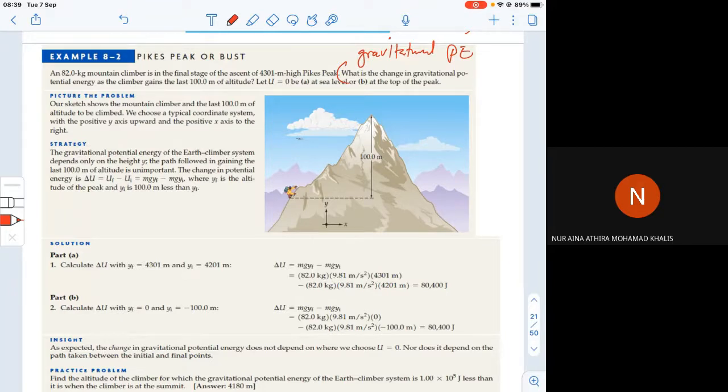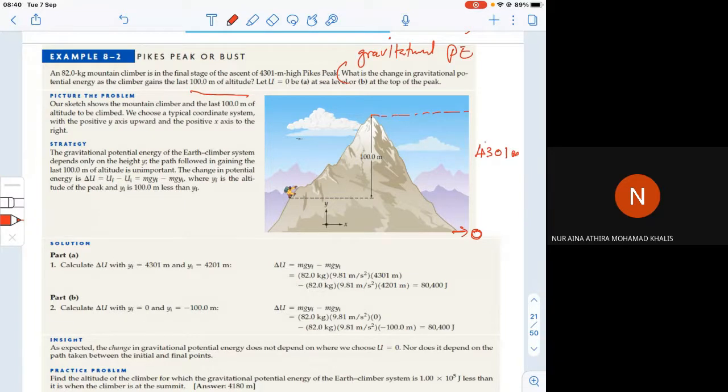Look at how the example says: what is the change in gravitational potential energy as the climber gains the last 100 meters of altitude? The last 100 meters. If you look carefully, this is level zero at sea level, and the top of the mountain is 4,300 meters.